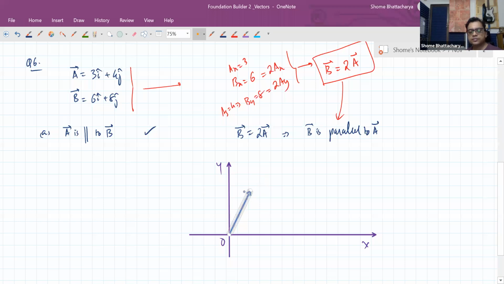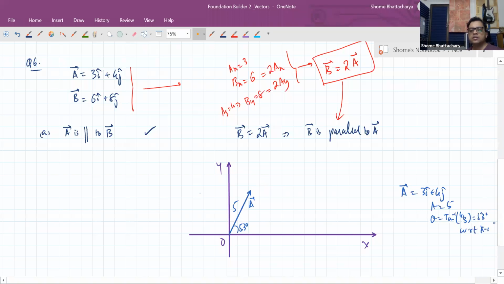You can see vector A would be like this. This angle would be 53 because the magnitude of A would be 5 and theta would be equal to tan inverse of 4 by 3, that is 53 degrees with respect to x-axis.